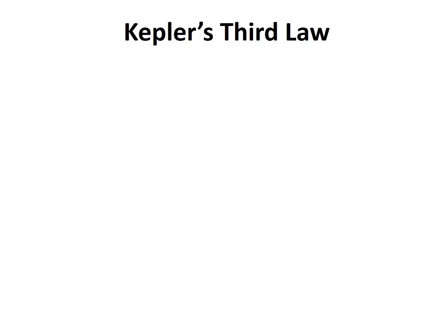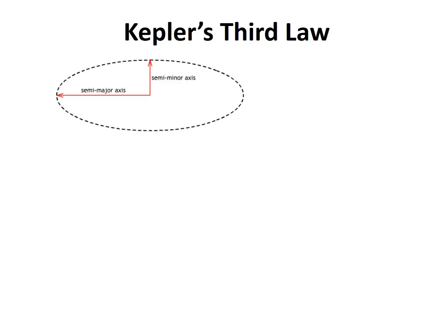To complete his model of the cosmos, Kepler noticed empirically that there was a relationship between the time it took the planets to orbit the sun, their period in Earth years, and their relative distances from the sun. Specifically, the semi-major axes of their elliptical orbits in astronomical units. An astronomical unit is the average distance from the Earth to the sun.